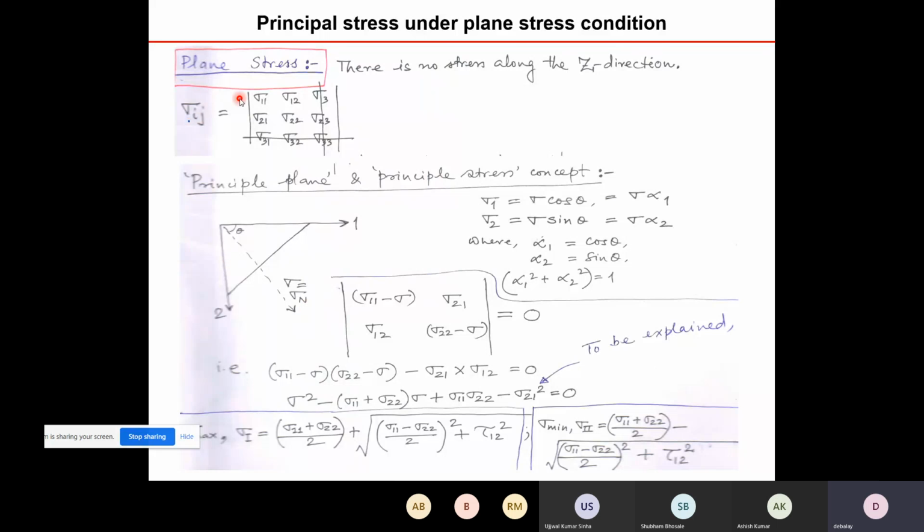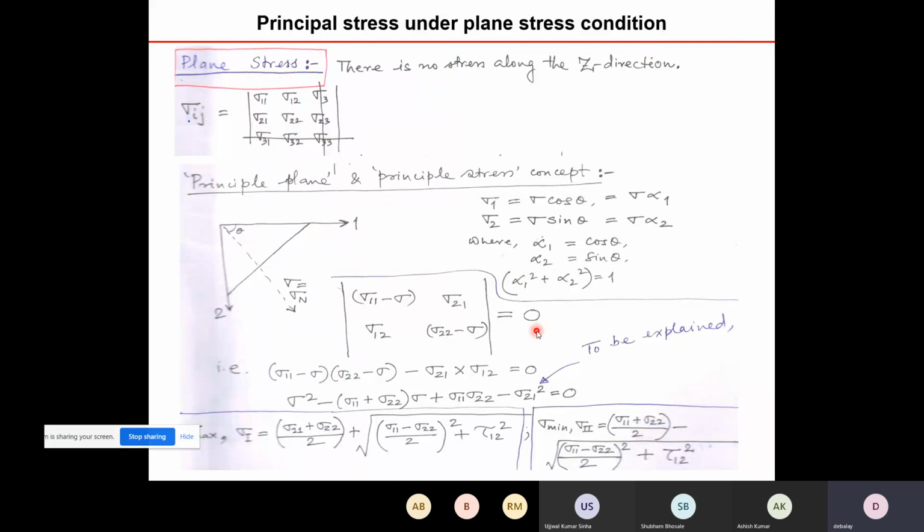So if you consider only 4 components, the derivation becomes even easier, because now your principal stress determinant will be: sigma 11 minus sigma, sigma 21, sigma 12 (you know sigma 21 and sigma 12 are the same), sigma 22 minus sigma, equal to 0. Previously there were 3 expressions, a 3rd-order determinant equal to 0.